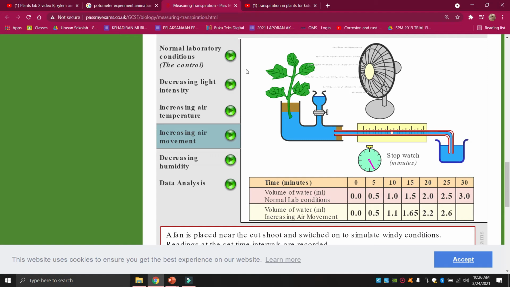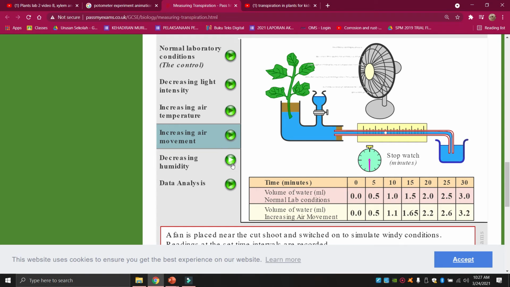You can see it's slightly higher. After 30 minutes, about 3.2 milliliters of water is absorbed. So we can conclude that if you increase the air movement, the rate of transpiration also will increase.